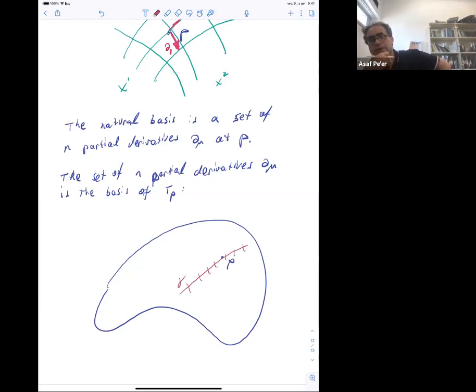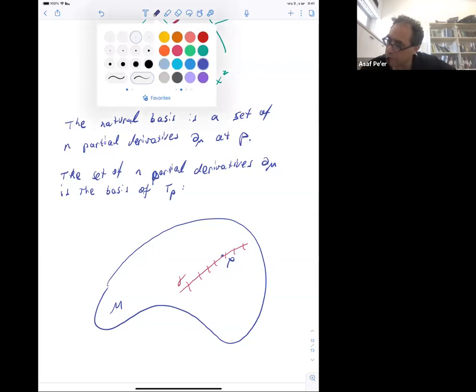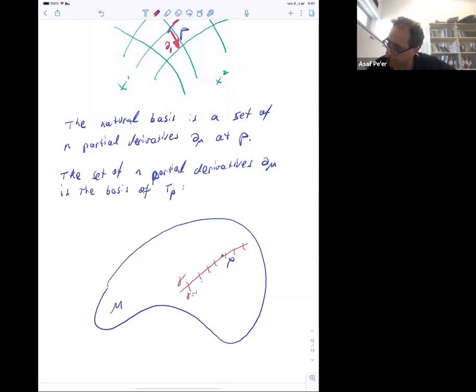Note that I'm looking at the curve as a mapping from R to M.